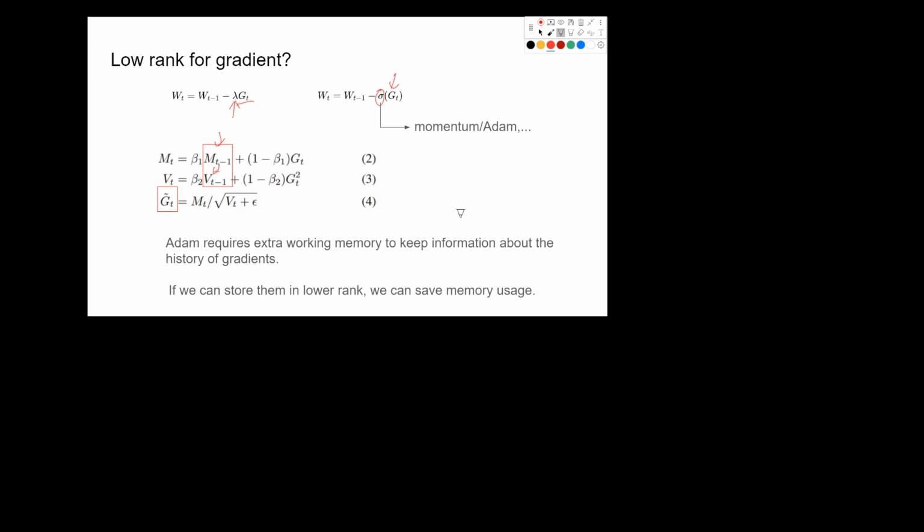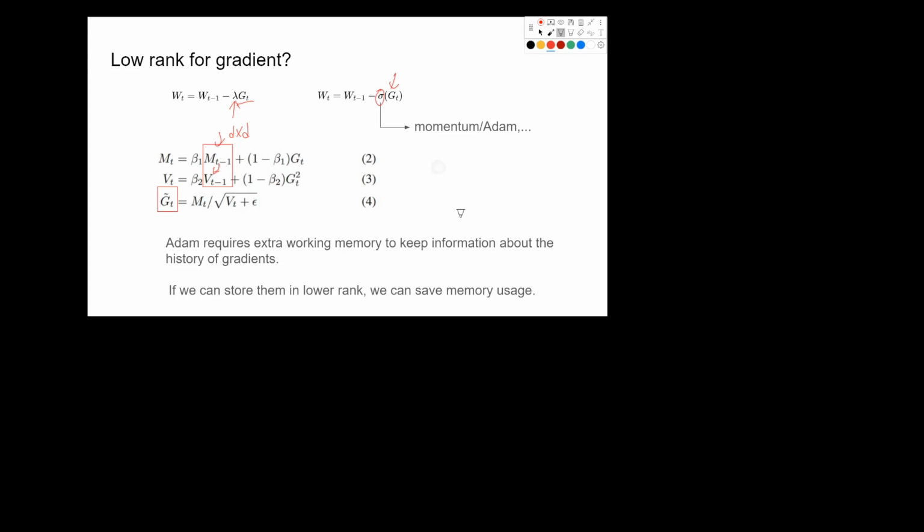But actually, both m and v here will be d by d, the same size as the weight matrix. So if we want to save the memory used as working memory to store the history of the gradients, we hope that we can store those matrices in low rank.